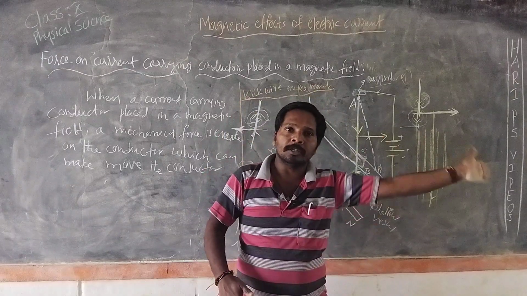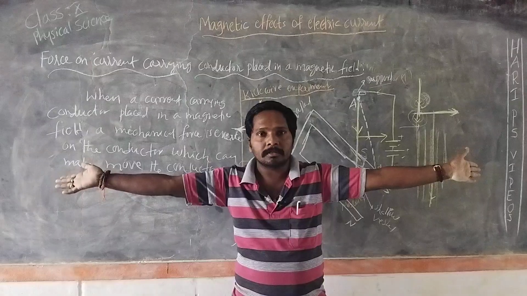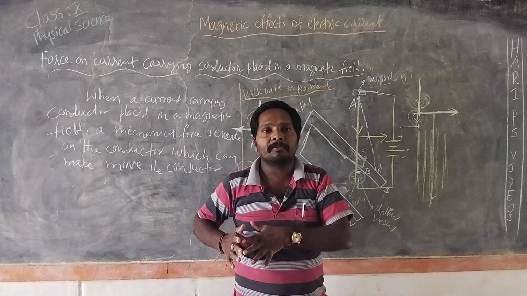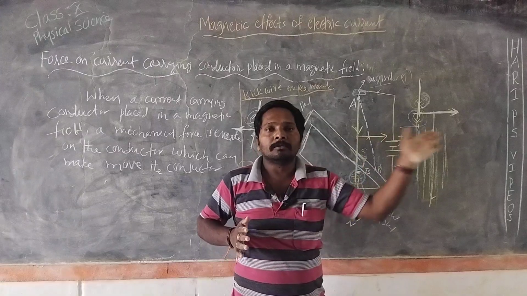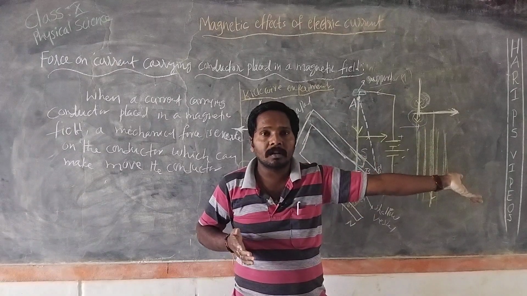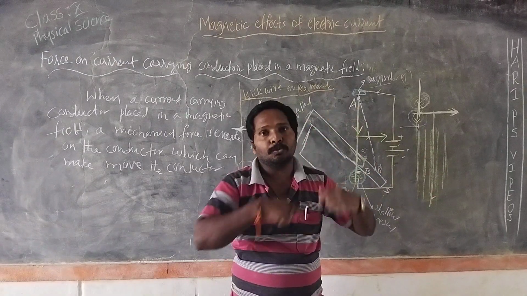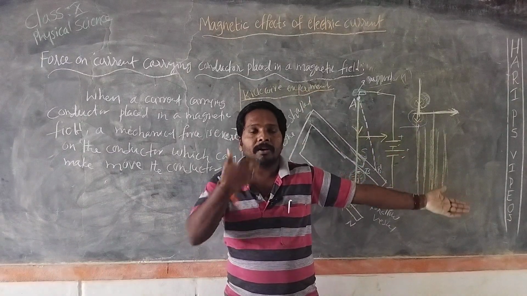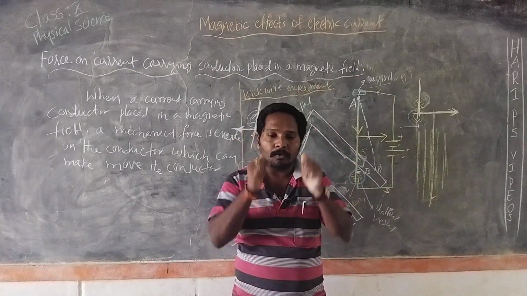Vertically down, it moves this side. Vertically up, it moves this side. With current vertically down, the magnetic field applies a force towards the left for me, which is towards the right for you.